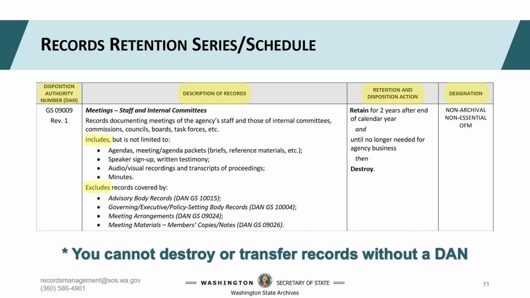The designation field can go in one of several ways, starting with archival or non-archival. Archival records have long-term public research value and should be transferred to the Washington State Archives for appraisal or permanent retention. Non-archival records don't carry the same weight and can be destroyed as soon as they have met retention.